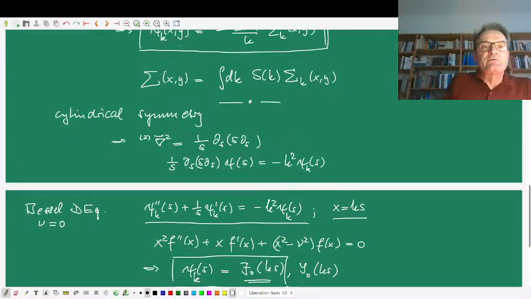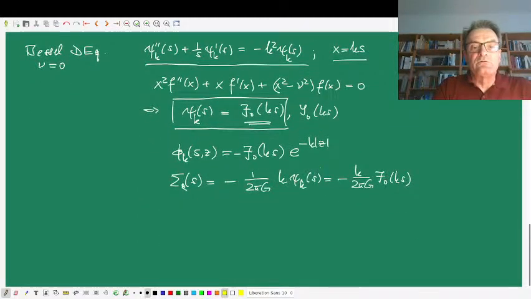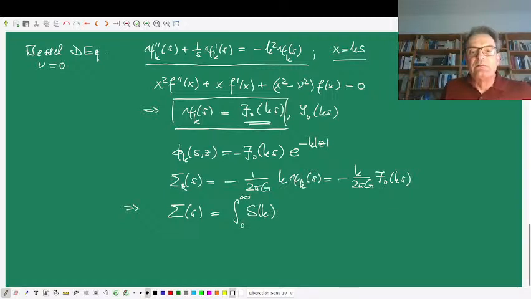And now we return to this equation and get a complete solution for the sigma. We can now write the complete sigma of s as an integral over some function S of k that I don't know yet. This will be for any positive number k, so I need to integrate over that.